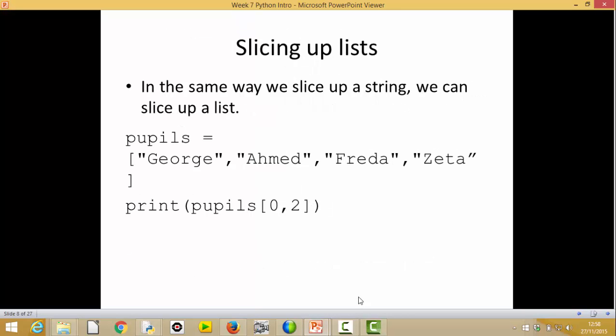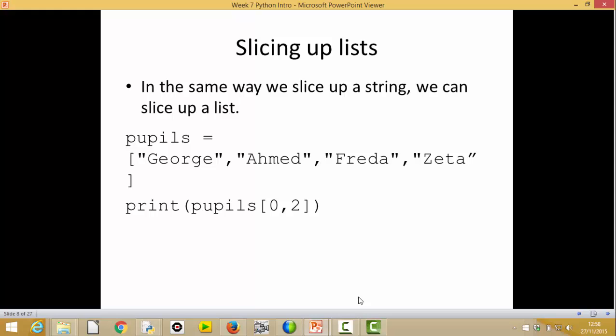So where do we go from there? Well, again, there's more similarities with strings. We can slice up lists in the same way that we can slice up a string. So here we've got our list of pupils we've been looking at, and we could go and print pupils 0 to 2. So ask yourself what you think that would print. Give it a go in IDLE, and hopefully you'll come back and discover that it printed George and Ahmed.